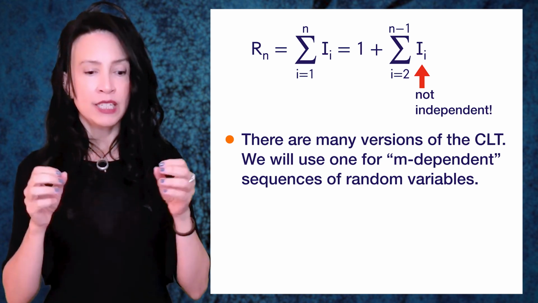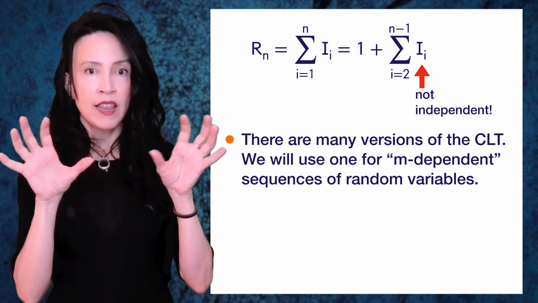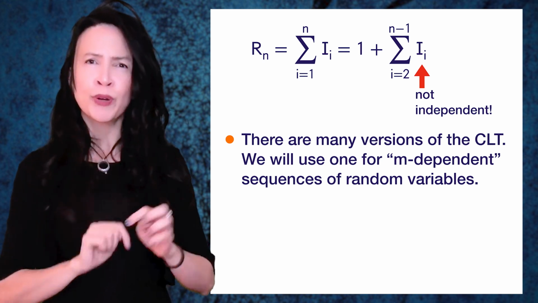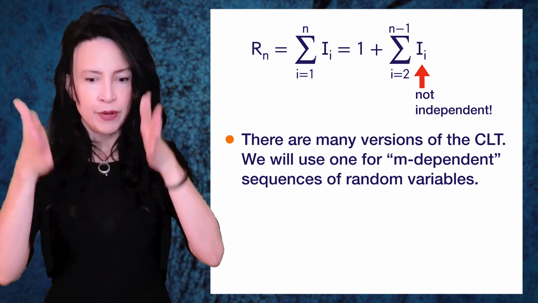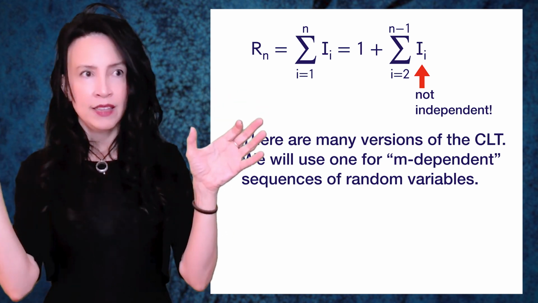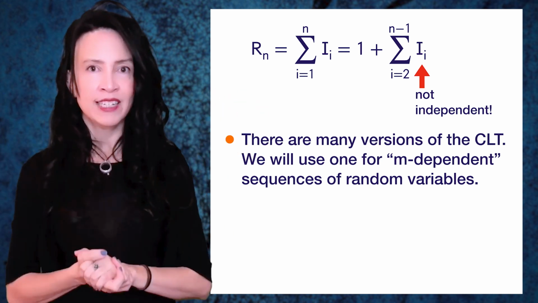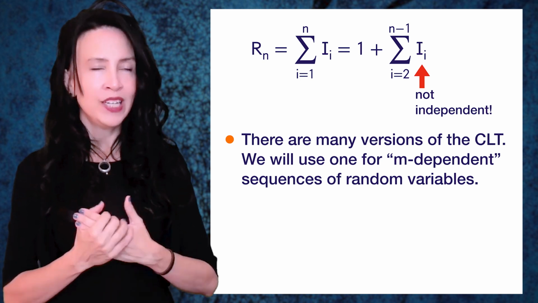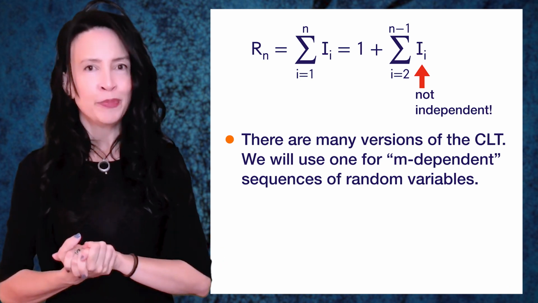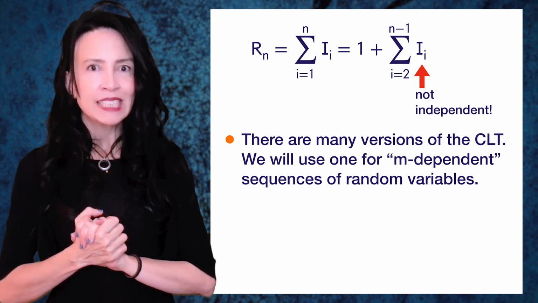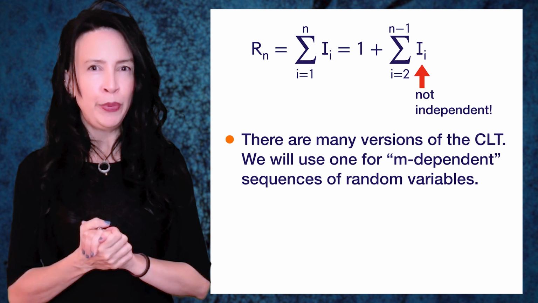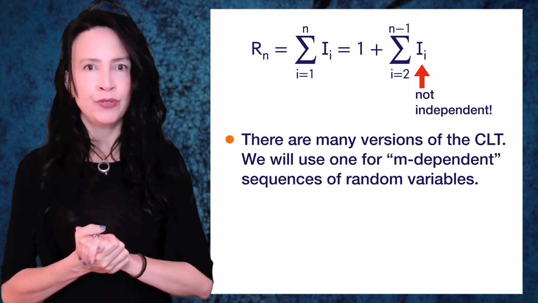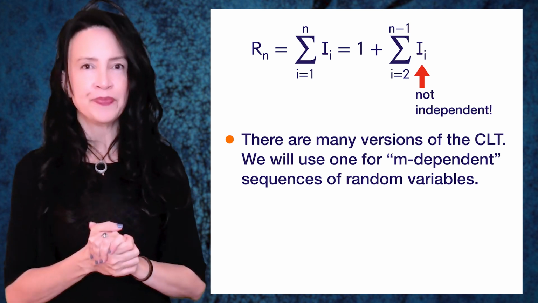And these are sequences of random variables that may have some kind of short-range dependence, but if you break the sequence apart and separate them with some number of terms, these guys over here are going to be independent of these guys over here. So that is way beyond the scope of this course to prove. So I'm just going to have to leave it at that. In the description box below, I will put a reference to this theorem.